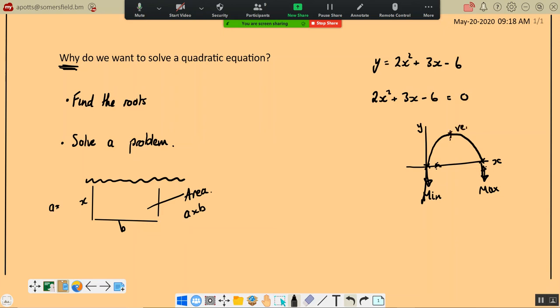It's the vertex, and that would represent the maximum area. Okay, and we would find that because it's, what's that line called? Axis of symmetry. The axis of symmetry.